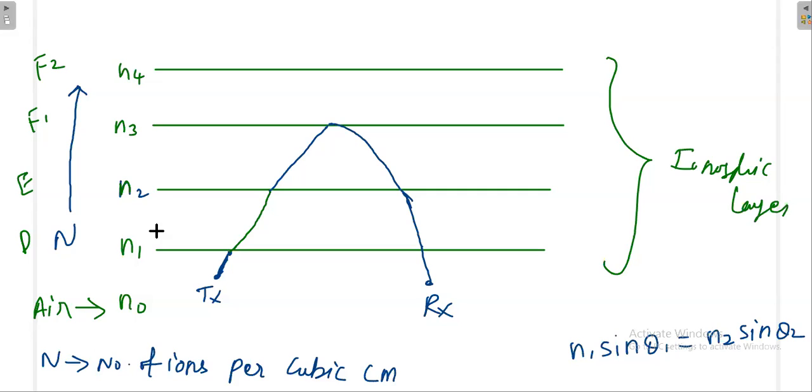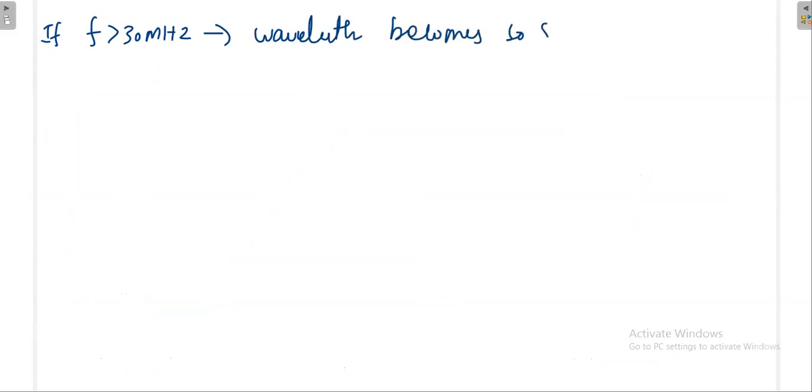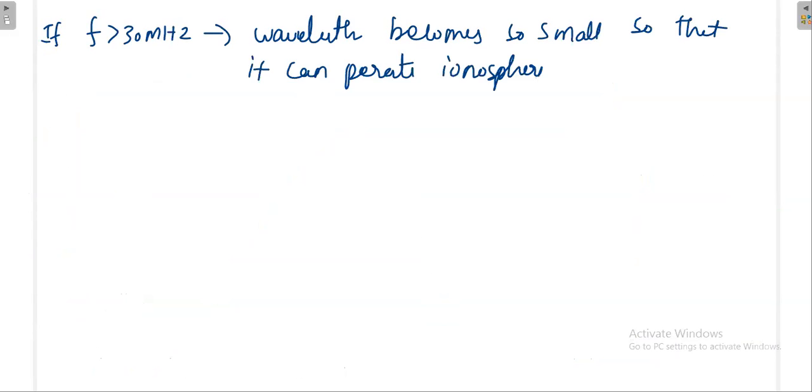Next, what you have to note down here: if the frequency is more than 30 megahertz, the wavelength becomes so small that it can penetrate the ionospheric layer, because the wavelength becomes less than the interatomic distance. Then it can penetrate the ionospheric layer.